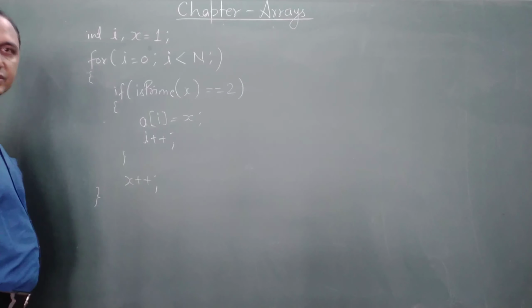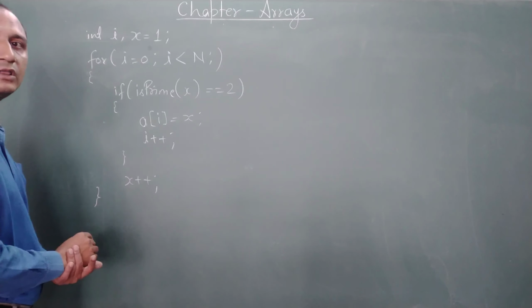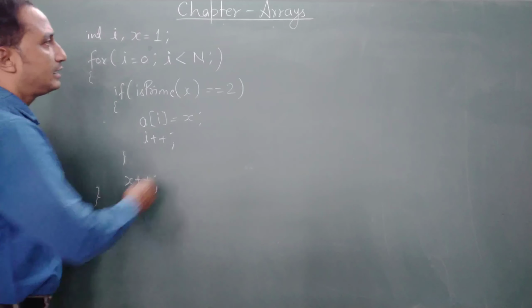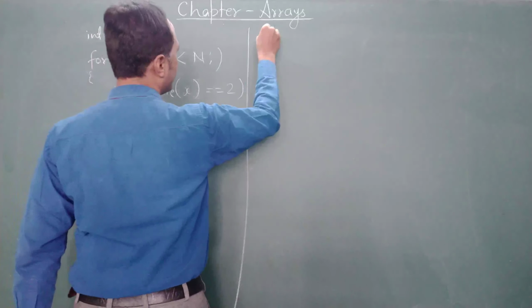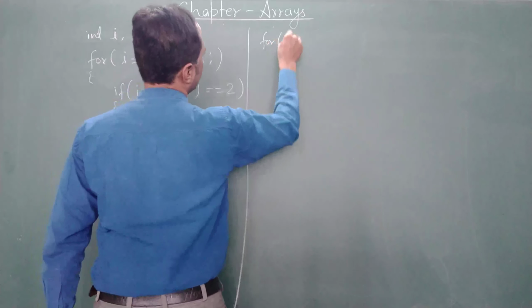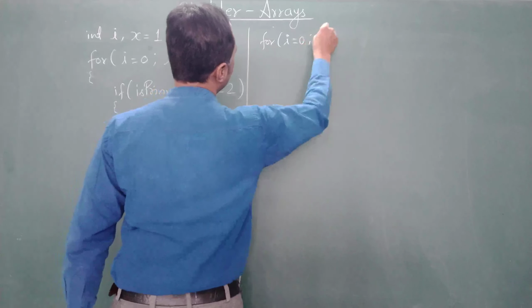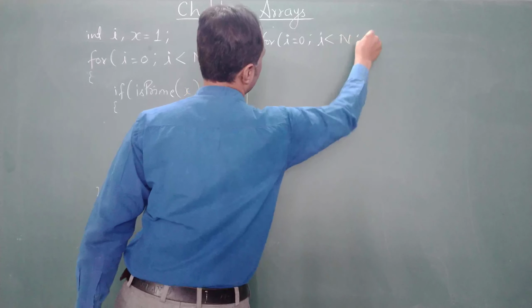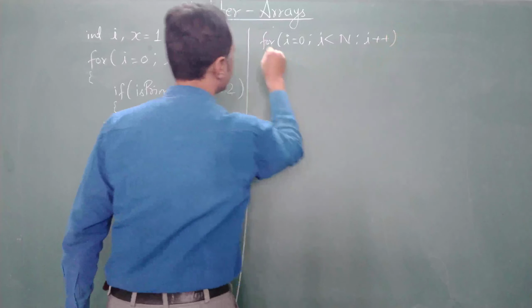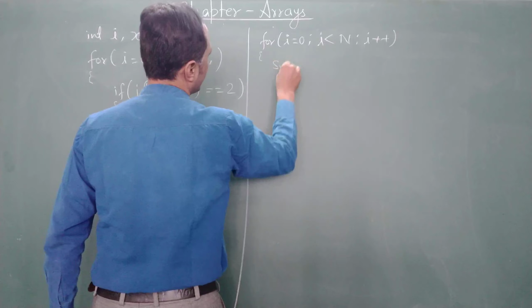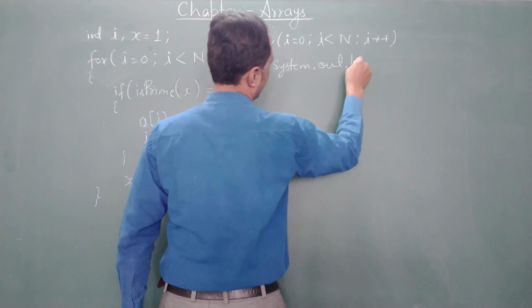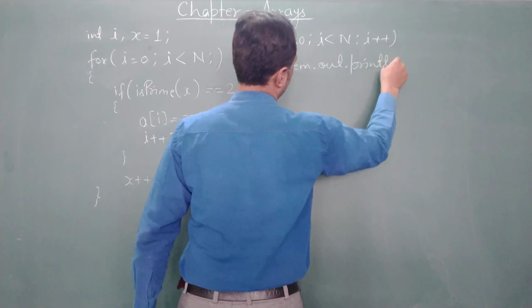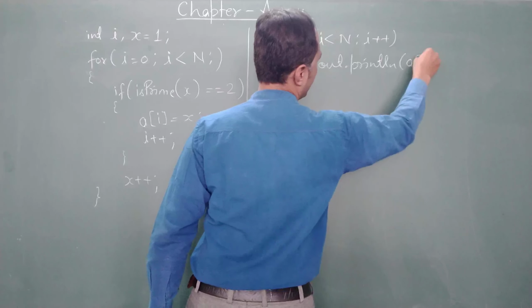After completion of this, now we will print all the prime numbers, all the prime elements of the array. So for that I am giving a for loop that will start from 0 to less than n, i plus plus, printing array a of i.